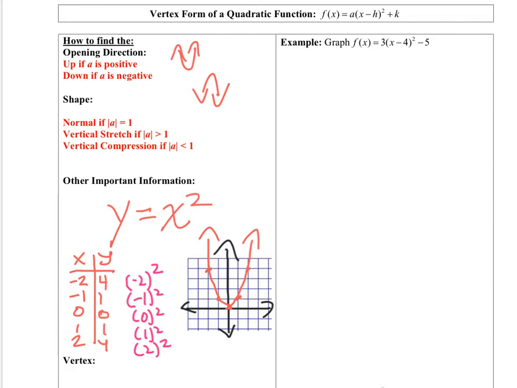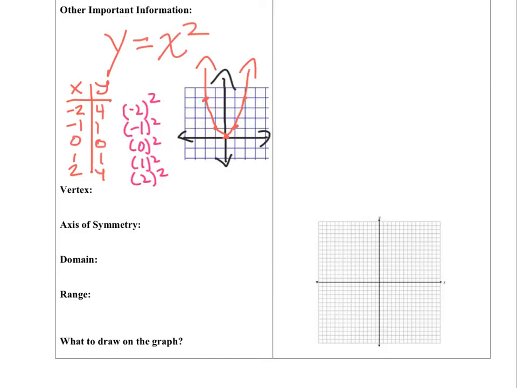Notice that this is different from the graph of the absolute value function, which looked like a V. The absolute value function was made up of two straight lines, while a quadratic function is made up of a curve. A lot of other things are very similar to the absolute value function, however.